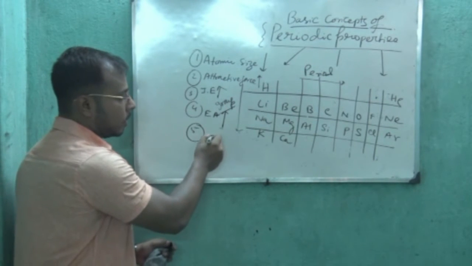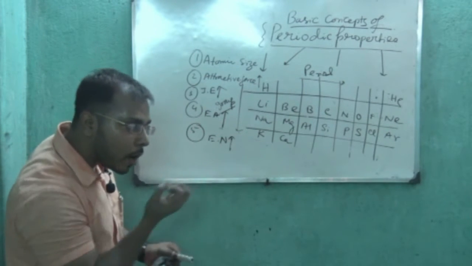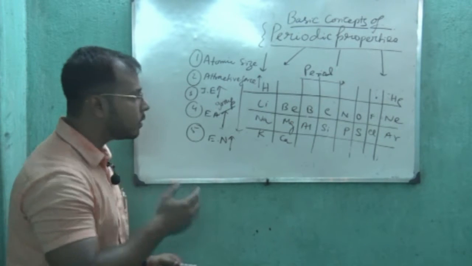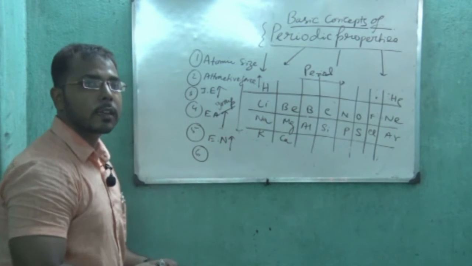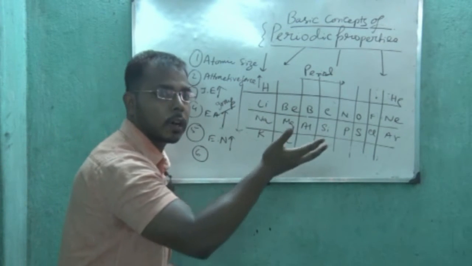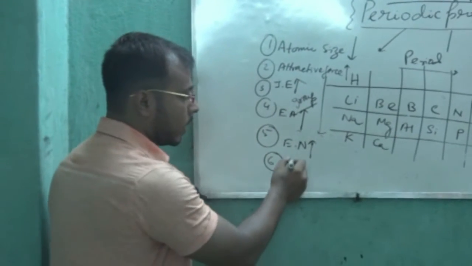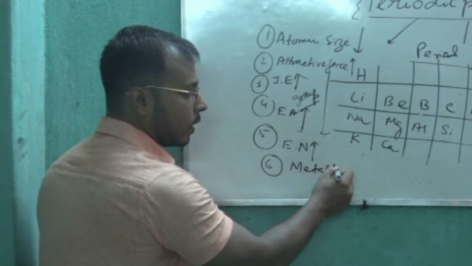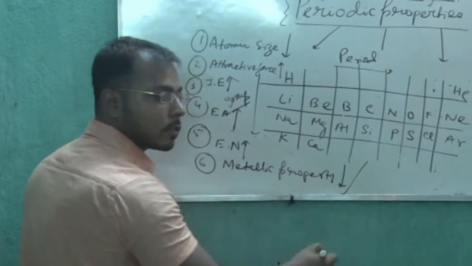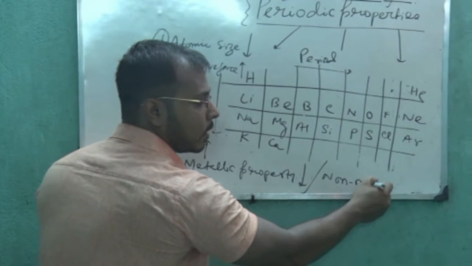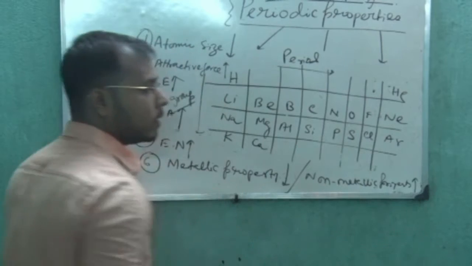Obviously if it gains electrons, the power of attracting electrons towards itself increases, so electronegativity also increases. And we know that metals are electron donors, electron removers, and non-metals are electron gainers. So obviously we can say that metallic property decreases, downward arrow means decreases, and non-metallic property increases.